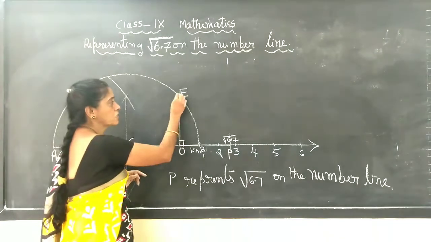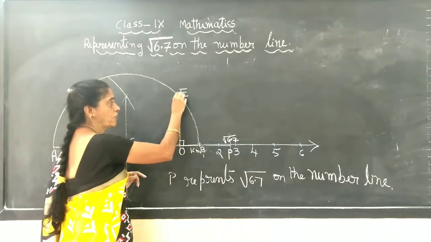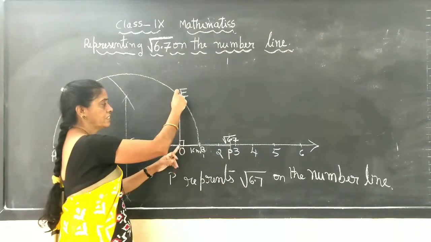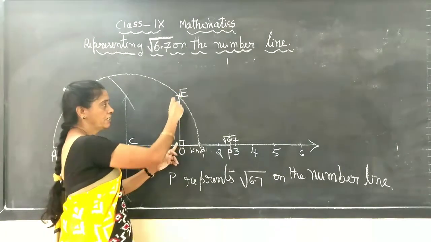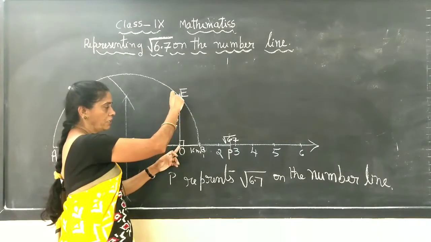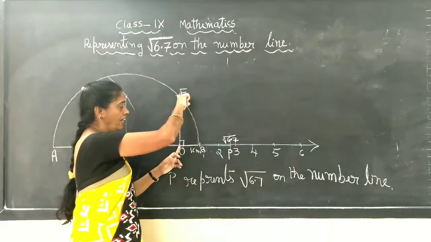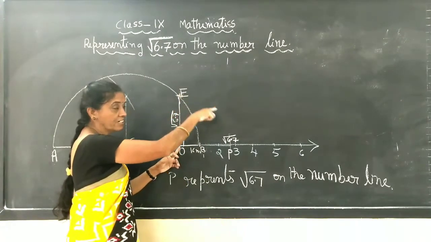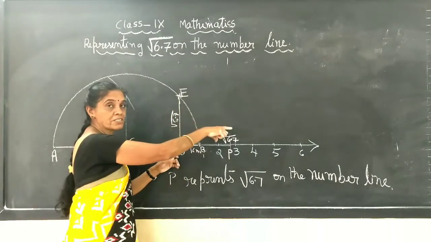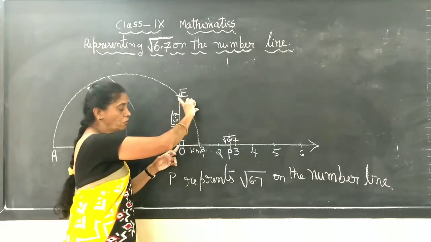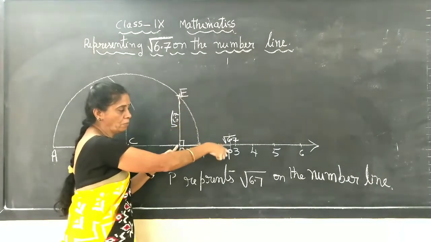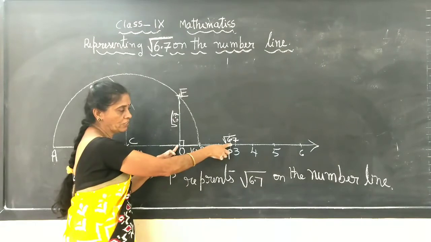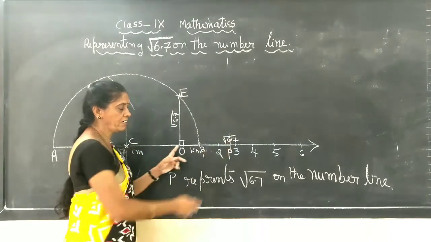And where this meets the semicircle, this particular point, so OE, this is the measure which we need. Take it this way, and from there only turn the compass. From here only, don't remove the leg here, and turn the compass, it will cut at one particular point, that is the required point on the number line.